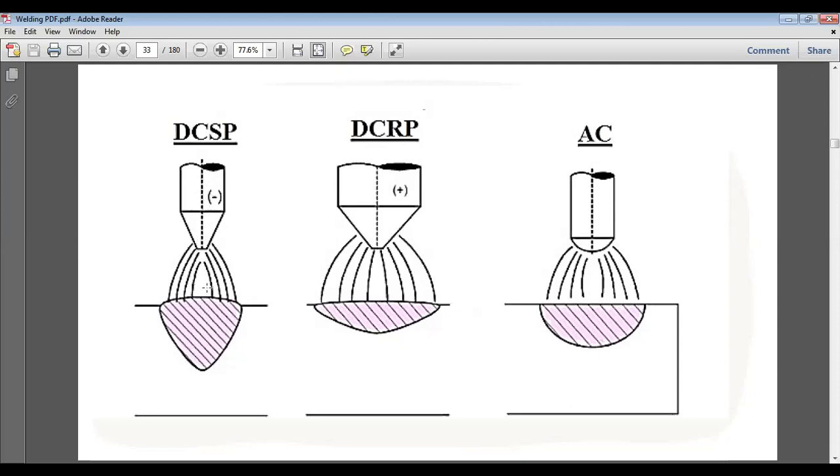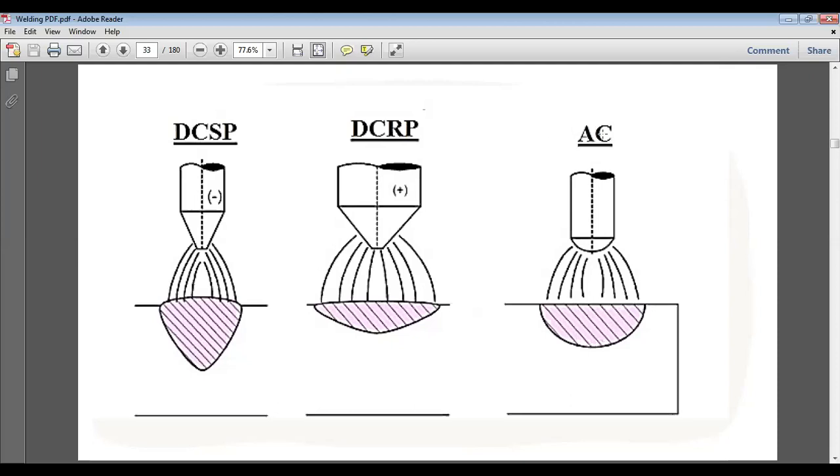The heat penetrates deeply into the metal, and this way we can weld metal plates of high thickness. Whereas in reverse polarity, we take lower thickness of the metals and lower penetration of the heat. So these are two available techniques of direct current in which we reverse the polarity.